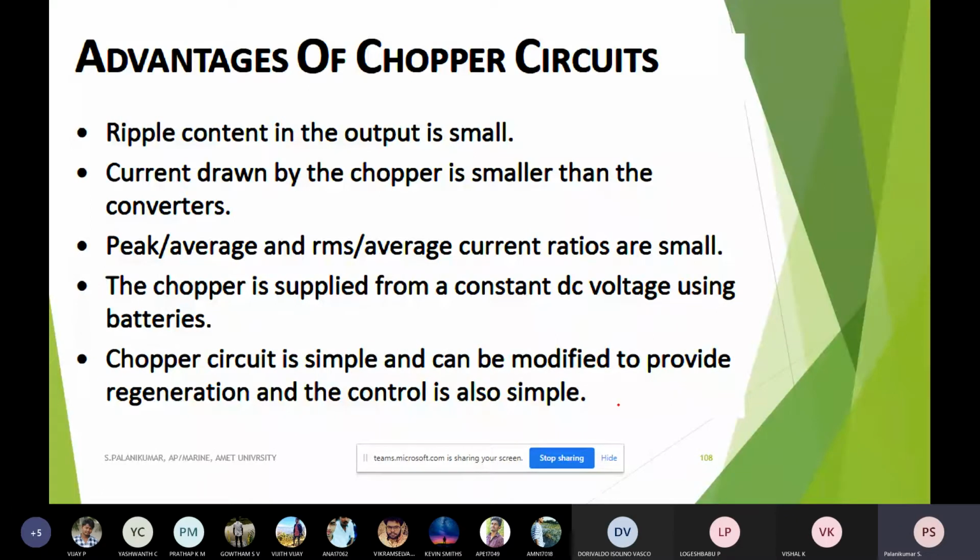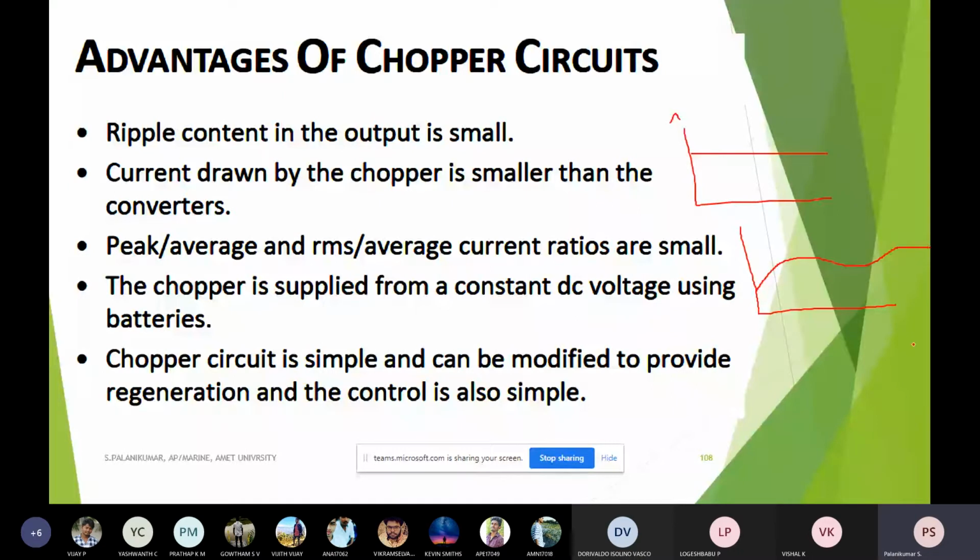A specific advantage of using a chopper circuit is the ripple content. The ripple content in the output is very, very small. Suppose I am getting a DC, I expect it to look like this. Even if I'm varying the DC, it has to vary like this only.